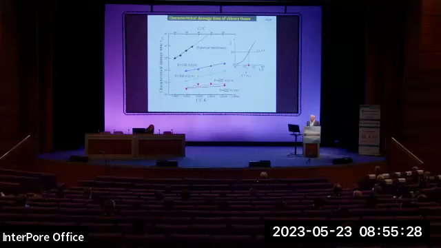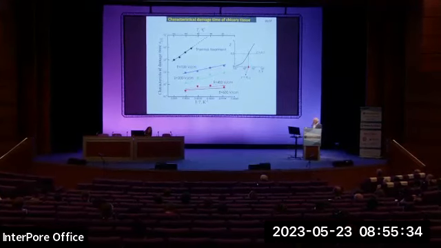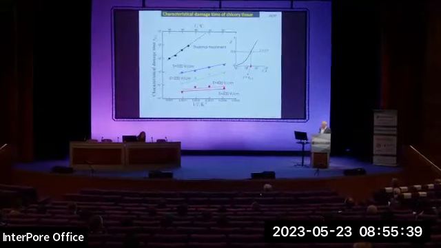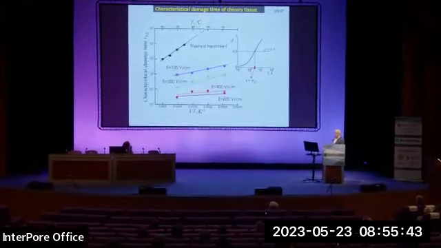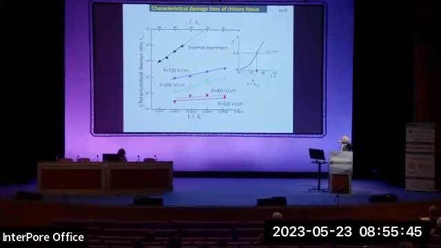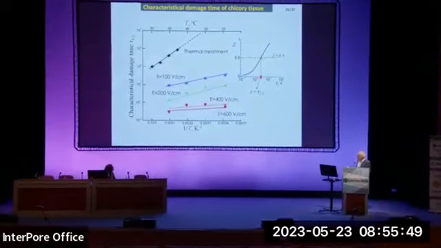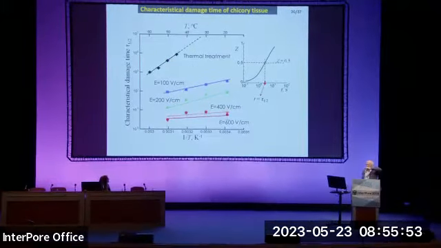But if you just apply a rather small electric field with intensity of 100 watts per centimeter, you can see that we can decrease importantly the characteristic damage time, and also the line in the semi-logarithmic coordinates becomes closer to the horizontal line. If we again increase the intensity of electric field to 400 or 600 watts per centimeter, this line becomes nearly horizontal.